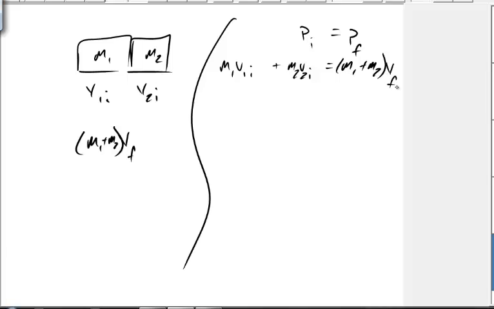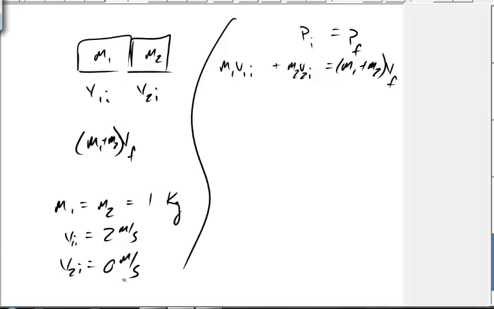So just for simplicity's sake, if we say that each object is the same and has a mass of, let's say, 1 kilogram, and let's say that the first object was moving along at 2 meters per second, and the second object was just sitting there. I just plug numbers in. Every time I see an m, I'm going to plug in a 1. v1i is 2.